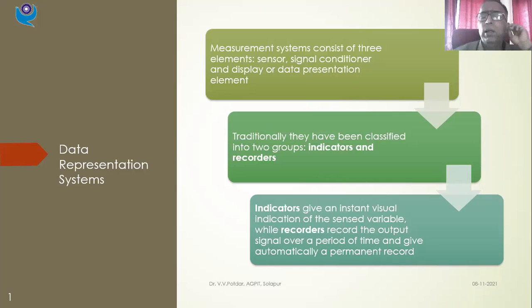If not, it will just put the compressor on or put the compressor off. Simultaneously, in some of the high-end refrigerators, you'll find the temperature indicator also, digital temperature indicator. So the control action, mechatronic control action, is automatically taking place.